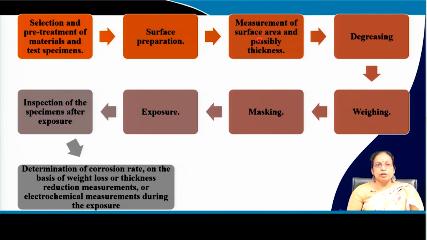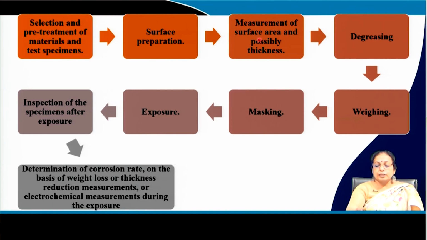So, corrosion rate is represented in terms of current flowing divided by the surface area, that is, current density, or corrosion per unit area.